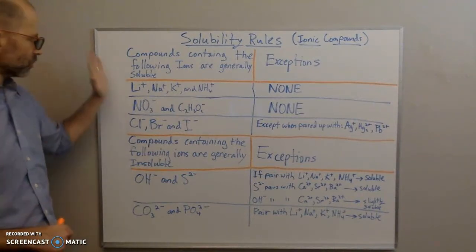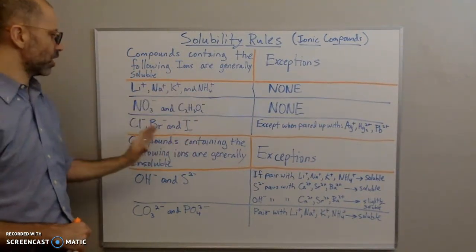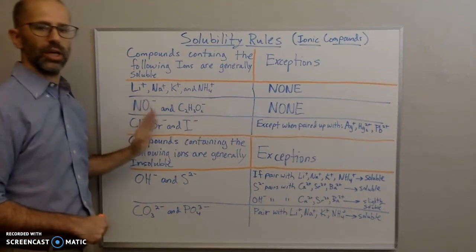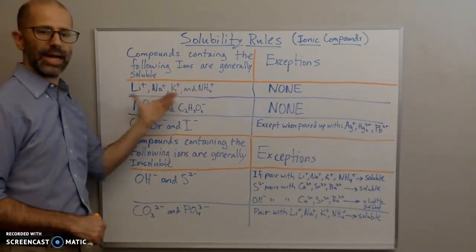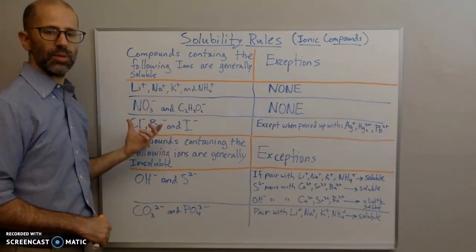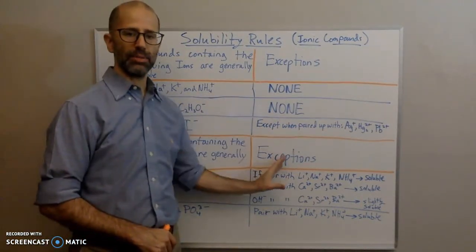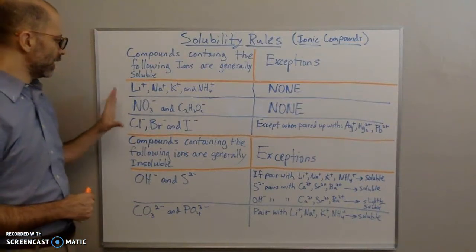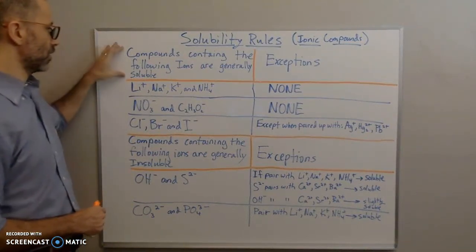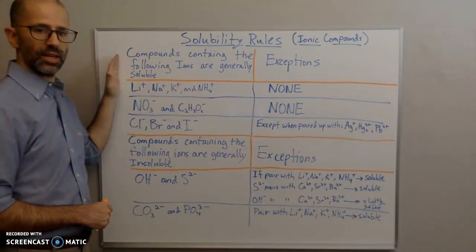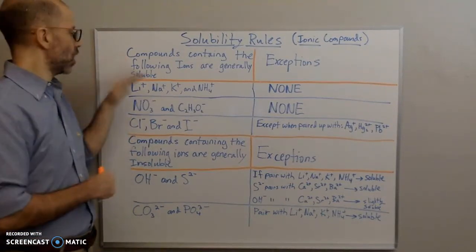And so here, on the left side, are going to be the examples of ionic compounds that have these ions in them, whether they're soluble or not. And on this side are going to be the exceptions to that. So here is the rule regarding whether or not the ions or the ionic substances containing these ions are soluble.